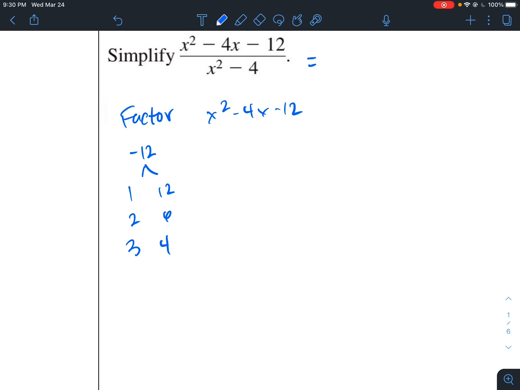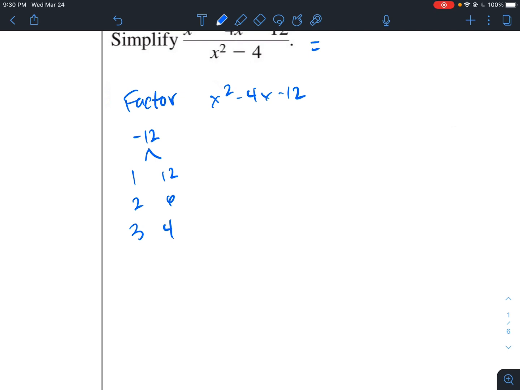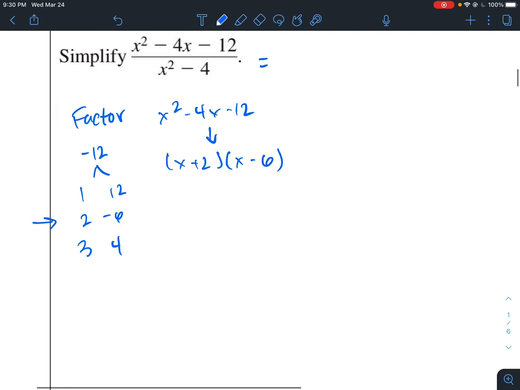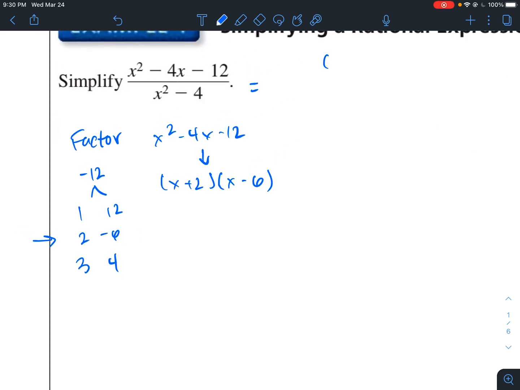Because the product is negative, one of them has to be negative. One of these pairs has to add to be negative 4. I can achieve that with the pair 2 and 6, with 6 being negative. So I take two binomial factors, adding 2 and subtracting 6. This factored is equal to x plus 2 times x minus 6.